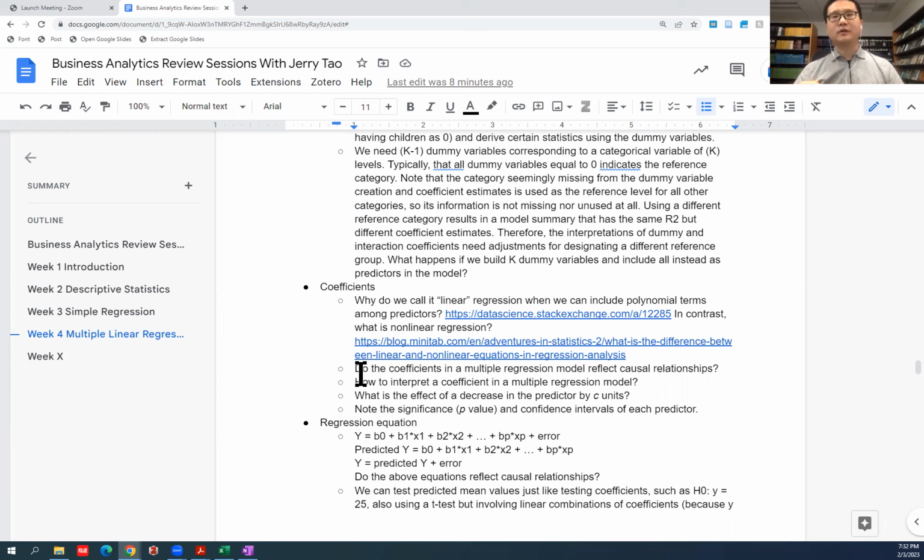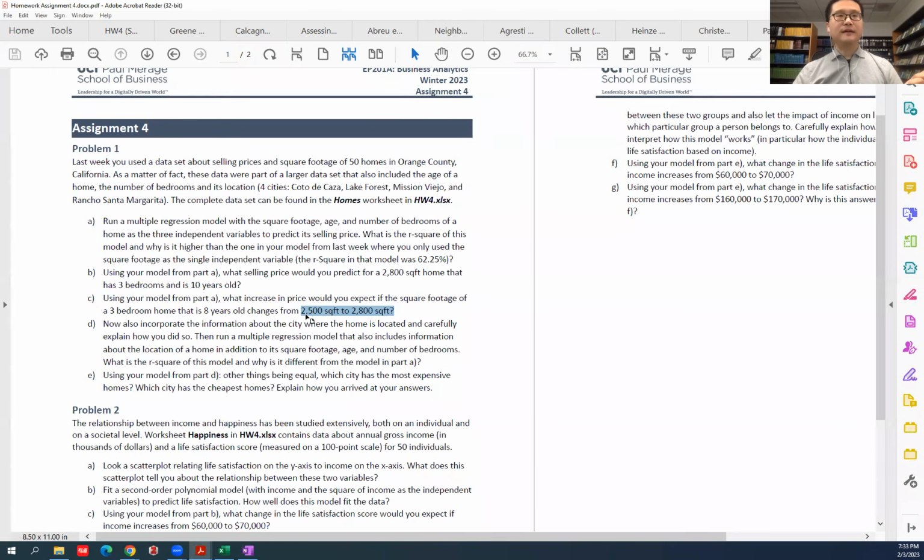That also means when we assess the effect of a predictor on the dependent variable, house price here, the effect of house size has nothing to do with the number of bedrooms or the number of years of age.